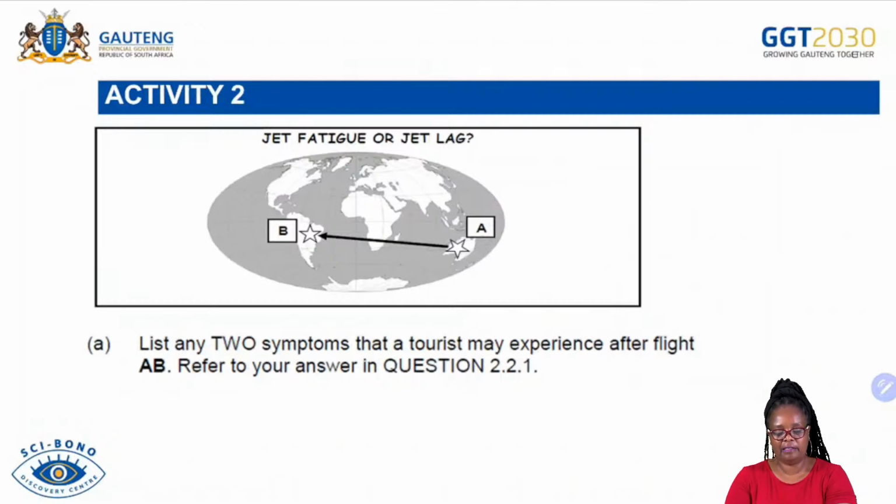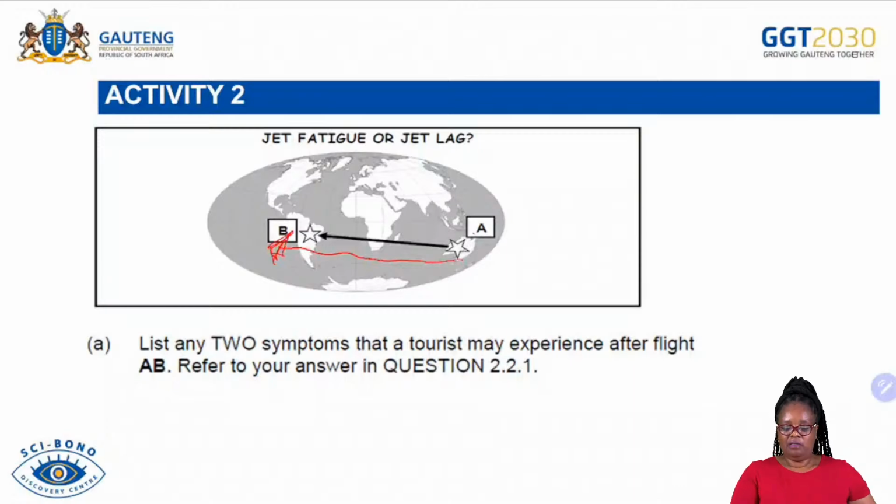Let's look at this picture. Still the same picture. You can see from A to B, but the question says, list any 2 symptoms that a tourist may experience after flight AB. So you need to list the 2 symptoms only.